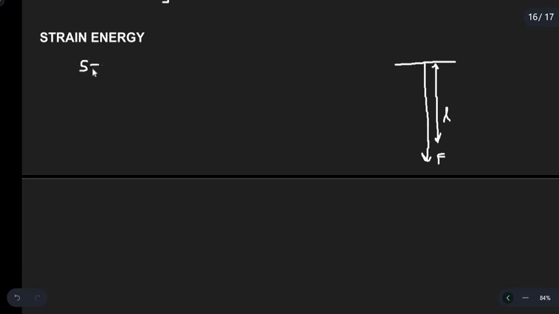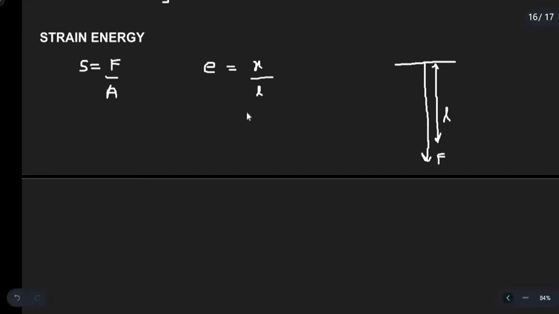I am writing it as S. So S will be F upon A, and strain, which I am denoting as E, let me write it as X upon L. What is my X? Actually I am writing X instead of del L, to avoid the confusion, because we will do integration later.